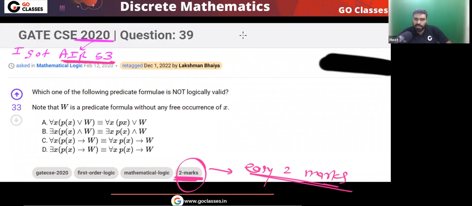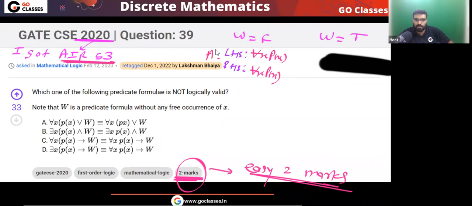What you can do is simply create 2 cases, like W false, W true. Now what about option A? Tell me, what is LHS and what is RHS when W is false? If W is false, then LHS will be for all x px and RHS will be for all x px.